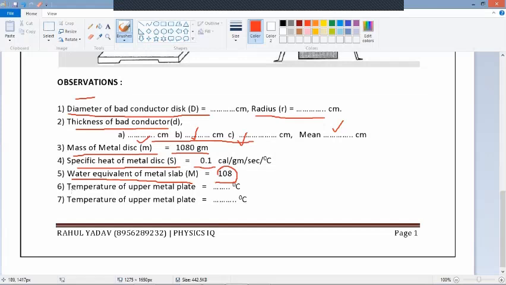We also have to find out the temperature of the upper metal plate and the temperature of the lower metal plate. Okay, this is not upper, it is lower.